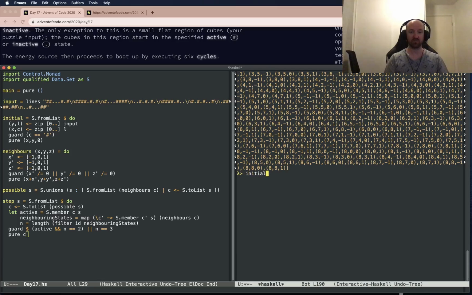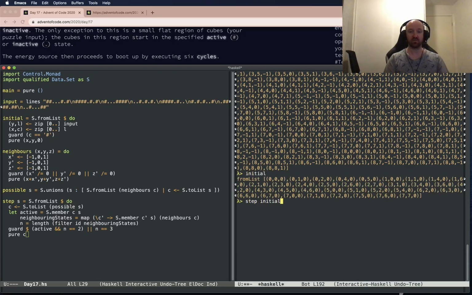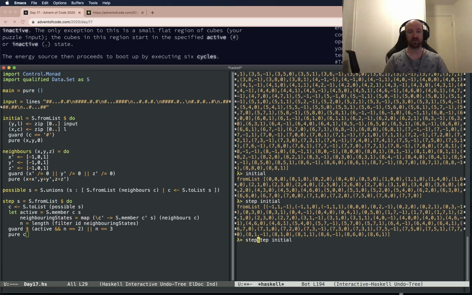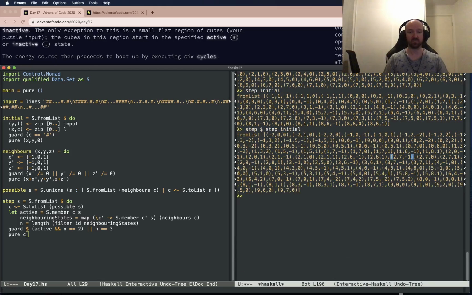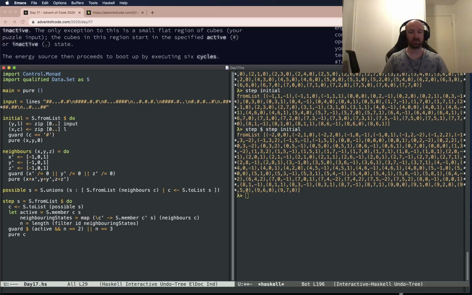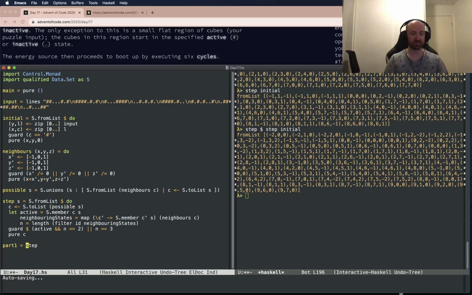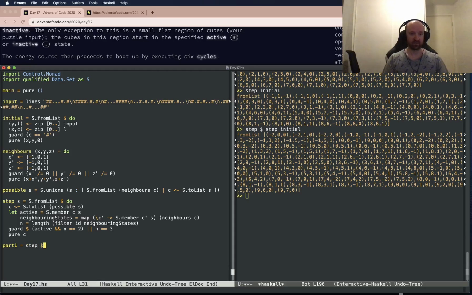And then we'll see. So if we go initial, we go step initial, and then again, then we do that 6 times, we're good. So part 1 should just be, well, if we're really super lazy, we just call step 6 times. Why not embrace it? 1, 2, 3, 4, 5, 6, initial.